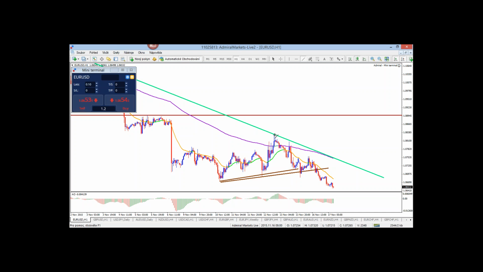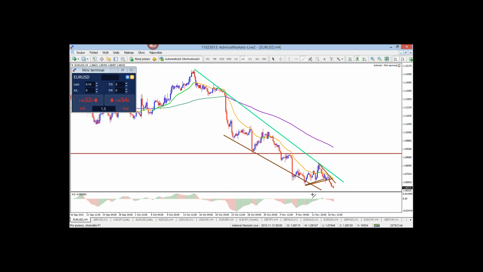But we have this resistance line acting as a nice guidance for the angle of the trend. We have the green line as well, indicating the downtrend channel that is apparent in Euro Dollar as well. You can see connecting these bottoms would give you that angle of the channel.